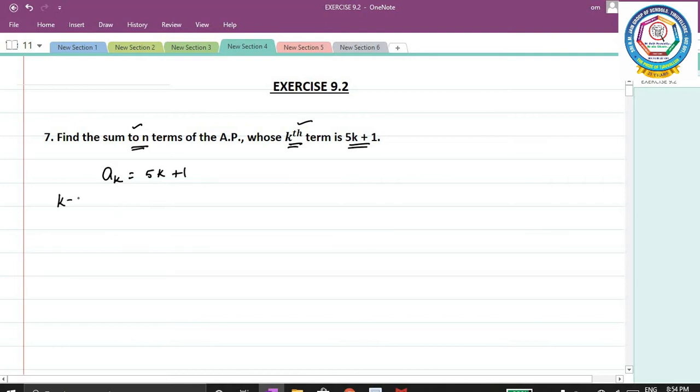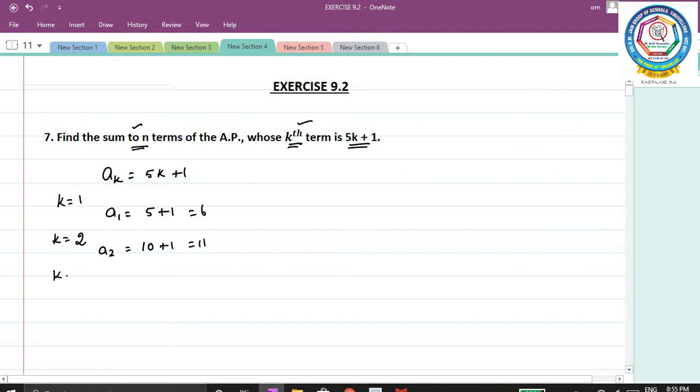So if we put k equal to 1, a1 is equal to 5 ones are 5, 5 plus 1, 6. Then k equal to 2, a2 is equal to 5 twos are 10, 10 plus 1, 11.